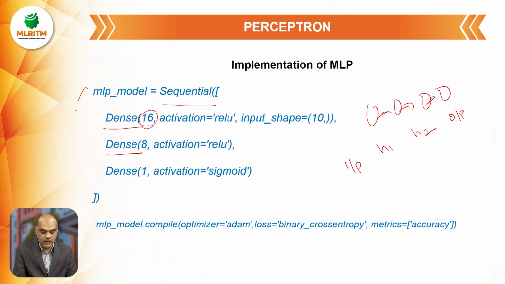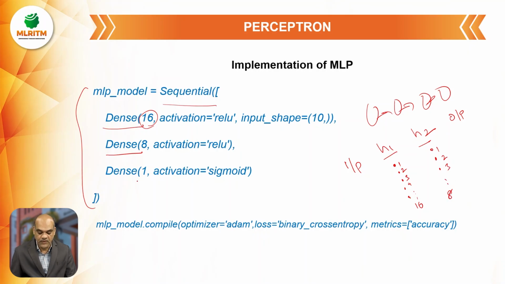That means according to this model, we are going to have two hidden layers in between the input layer and the output layer. Then Dense layer, 16 neurons we have. That means at hidden layer 1, we are taking 16 neurons, 1, 2, 3, 4 up to 16. At the second hidden layer, I am taking 8 neurons, 1, 2, 3, 4 up to 8.